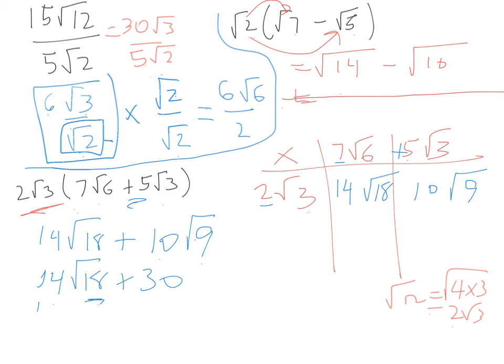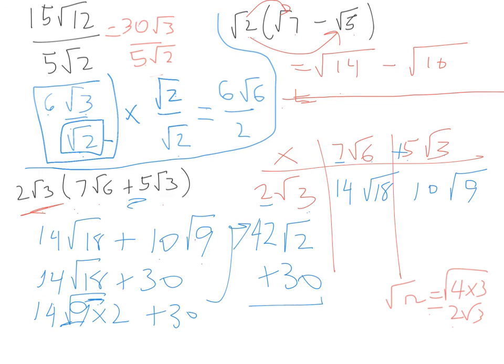So that means we've got 14 root 9 times 2 plus 30. We're going to finish it off over here. Take that 9 out, so it becomes 3. 14 times 3 is 42.